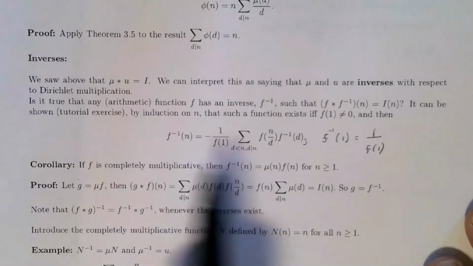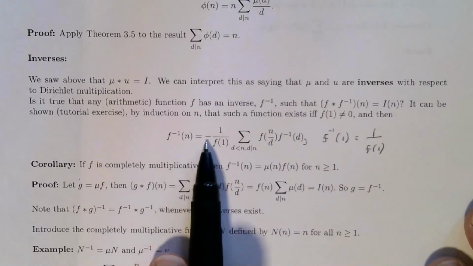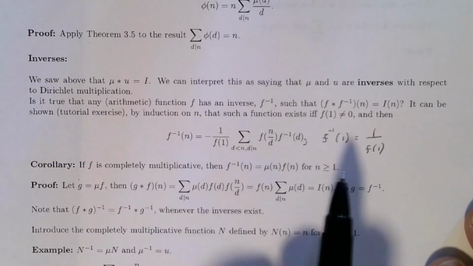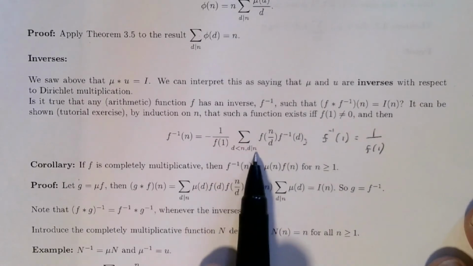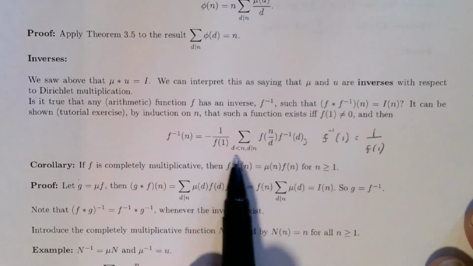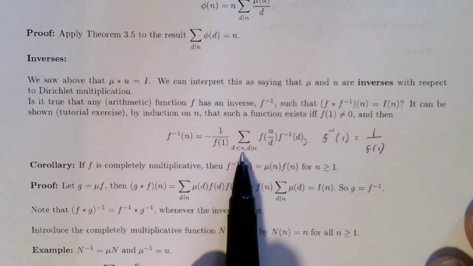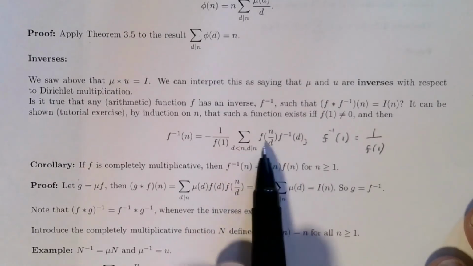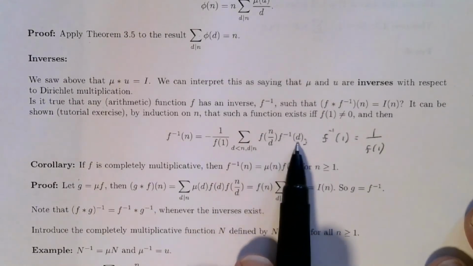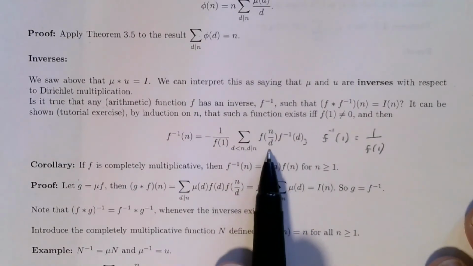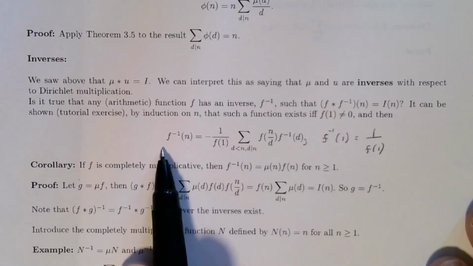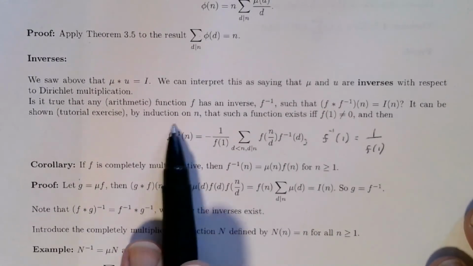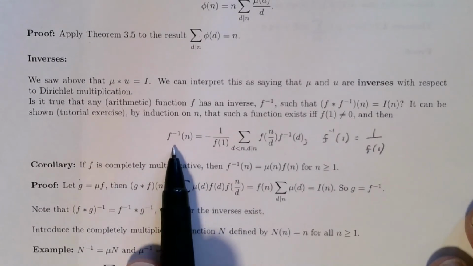And then recursively, f inverse of n is minus 1 on f(1), you see why we want that not to be 0, times a sum over the divisors d of n strictly less than n, of f inverse of d and f of the cofactor.